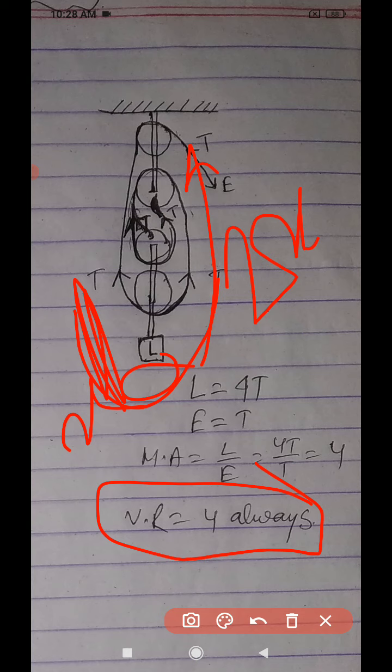So this movement will not decrease or increase. The string will always go with the same type of movement. But mechanical advantage can be lesser or greater, depending on the machine's internal structure. Efficiency will also depend on that mechanical advantage. But velocity ratio means the movement, which will be equal. That is why velocity ratio is always fixed, but mechanical advantage can be changed.